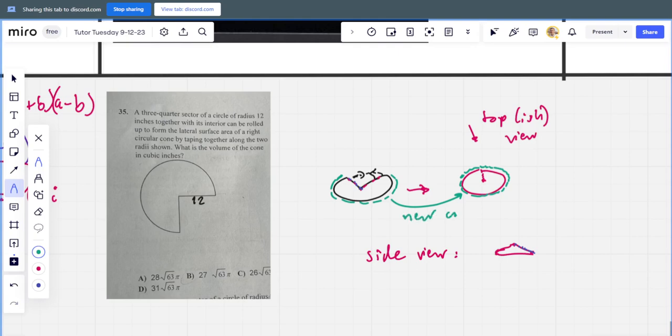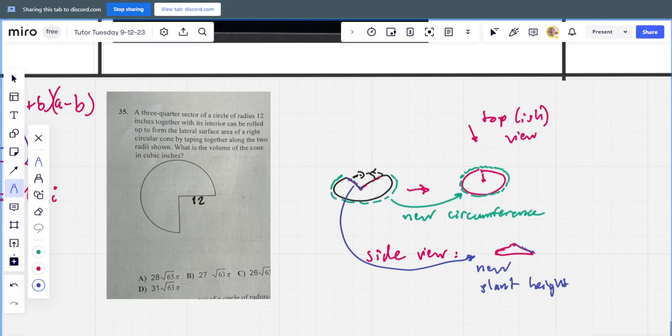That's your new circumference. Hopefully the visualization helps. And then this blue line is your new slant height of the cone. You guys following? Yeah, like an ice cream cone.